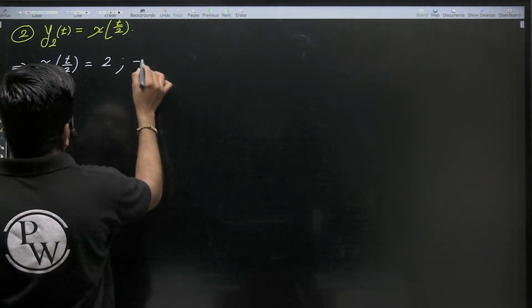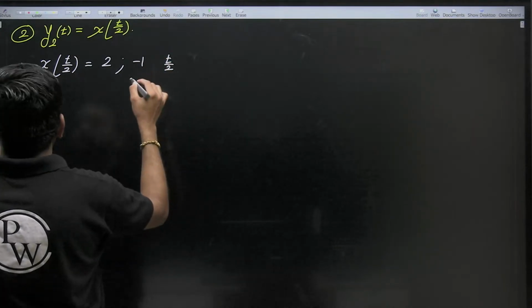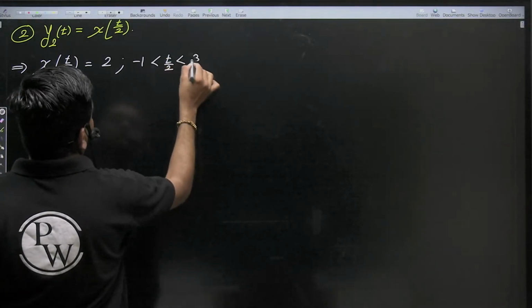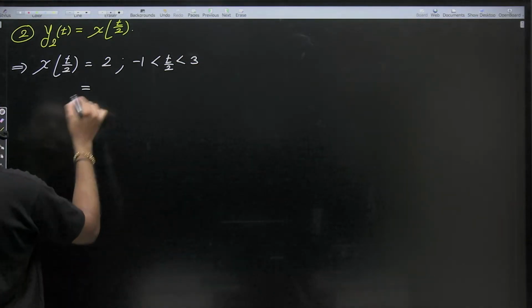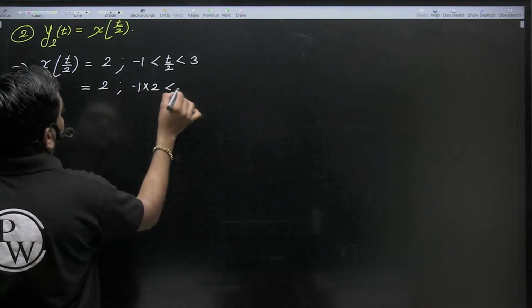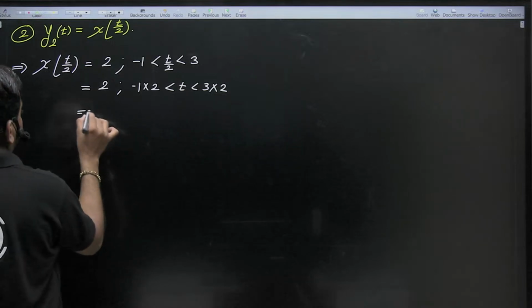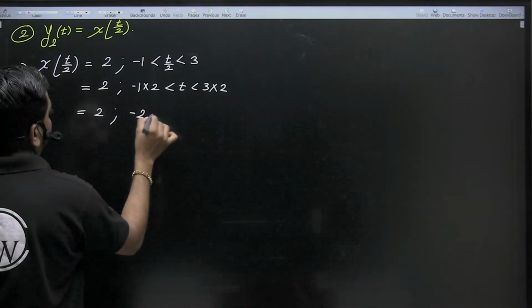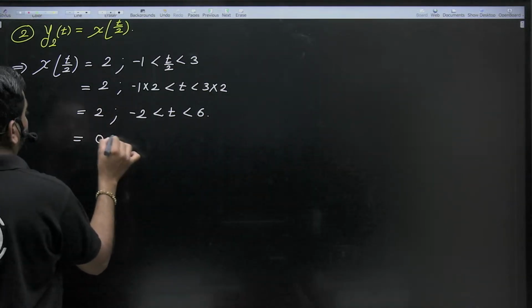Now t becomes t by 2. So on the left hand side t becomes t by 2, and on the right hand side also, everywhere t becomes t by 2, guys. Correct? So here you can see minus 1 into 2 and 3 into 2, guys. So it is 2 between minus 2 and 6, and it is 0 otherwise.